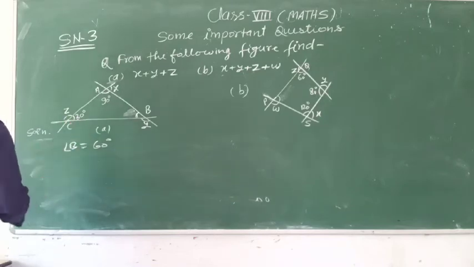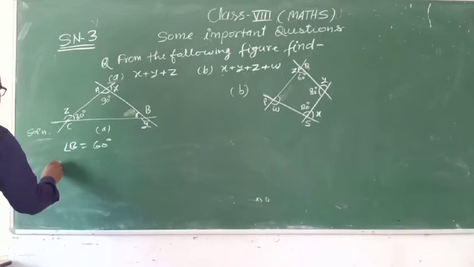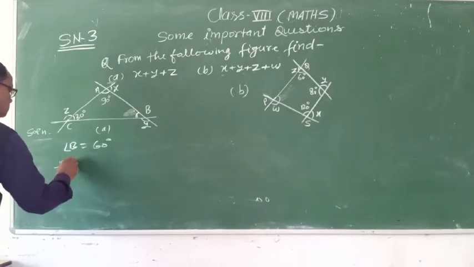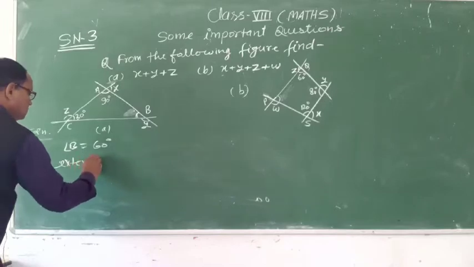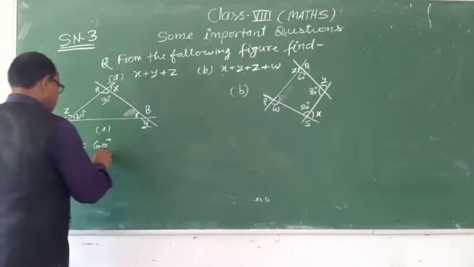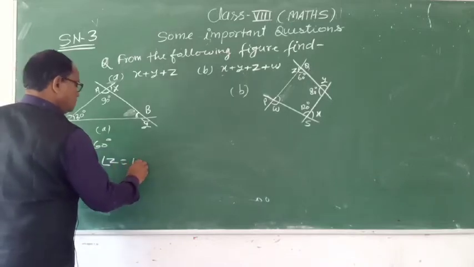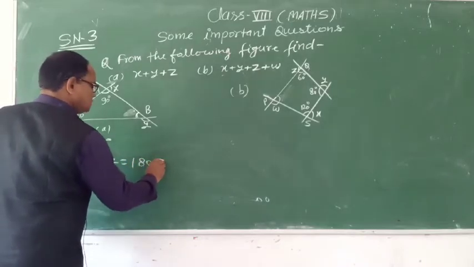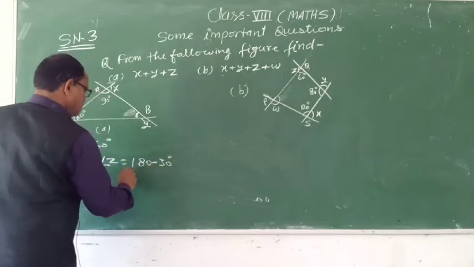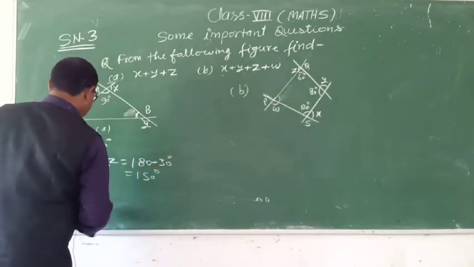The exterior angle Z is equal to 180 degrees minus 30 degrees. We get 150 degrees.